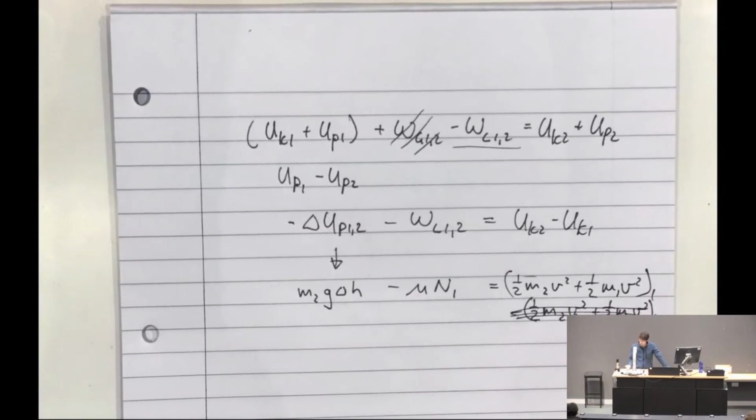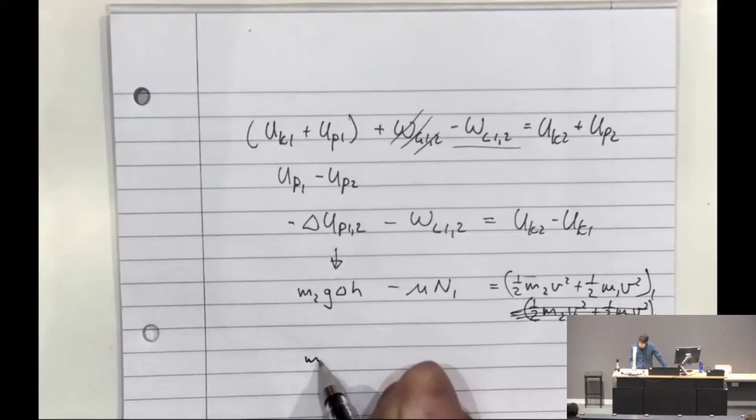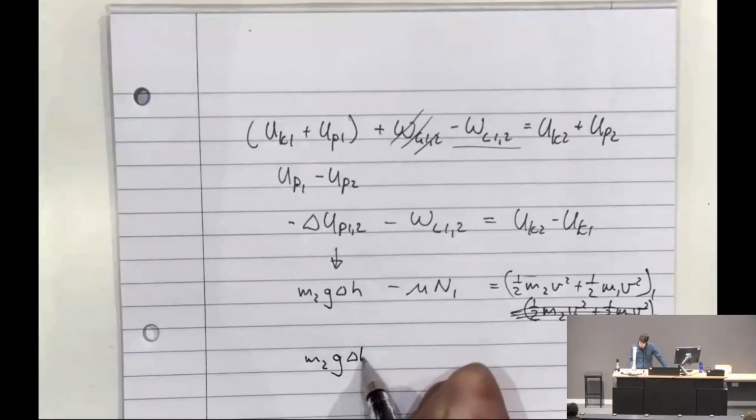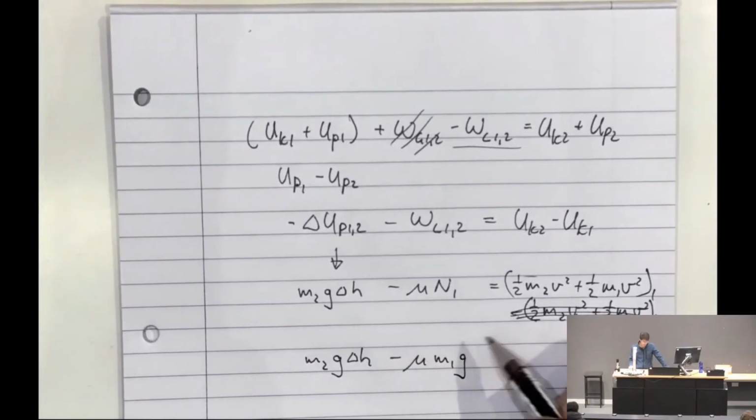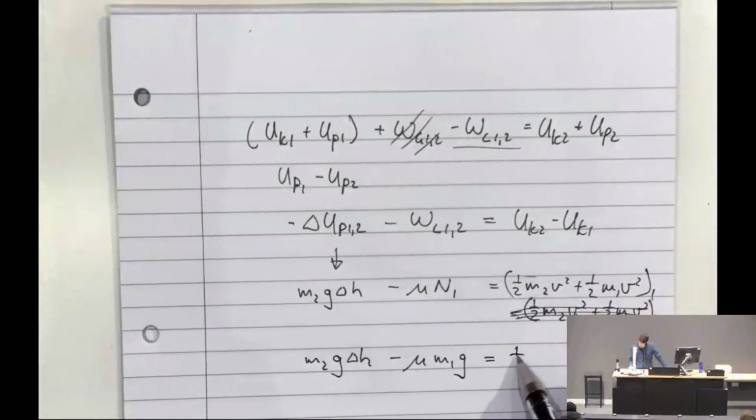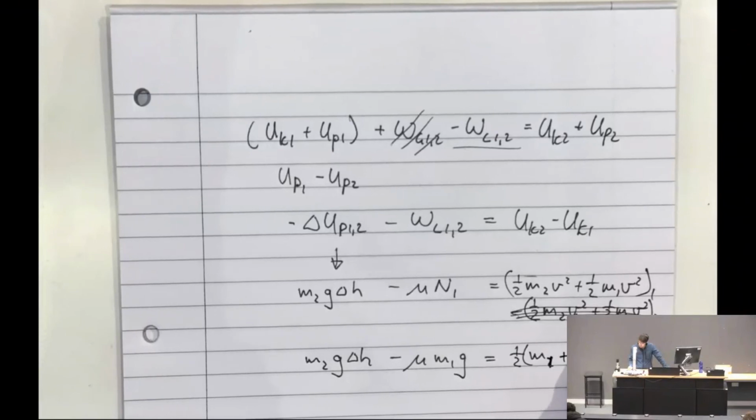And then this whole equation can be rewritten as mass 2 g delta H minus mu times M1 g, it's mass 1, yeah, equals half of mass 1 plus mass 2 times v squared.